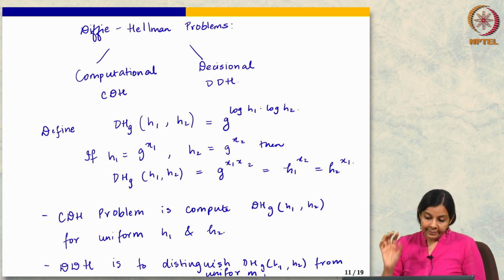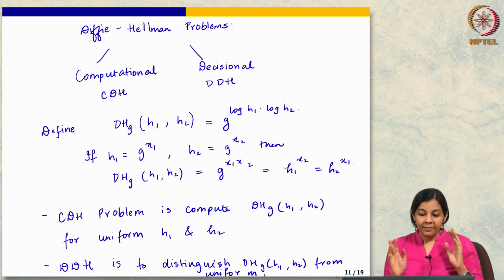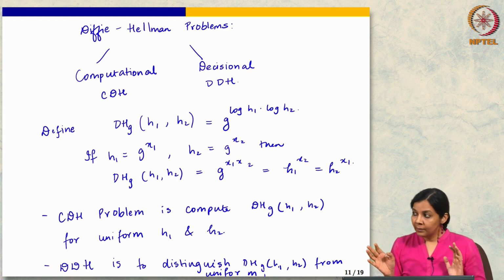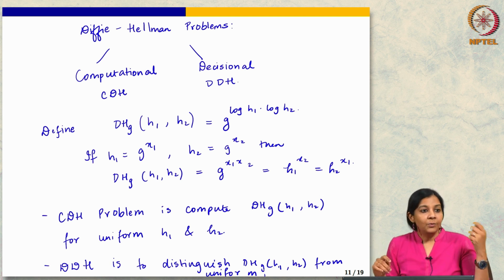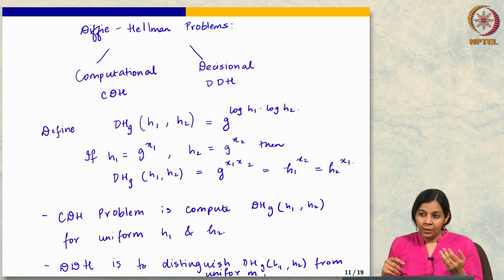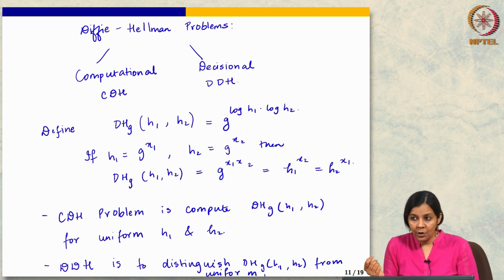Okay, so let us look at it more carefully. Basically, we are still in our cyclic group, okay, with generator g. Now, what am I saying? If I give you g to the x1 and g to the x2, it is hard for me to compute g to the x1 x2. This is the computational Diffie-Hellman assumption, that if I give you a random h1 which is g to the x1 and a random h2 which is g to the x2, then it is hard for me to compute g to the x1 x2.